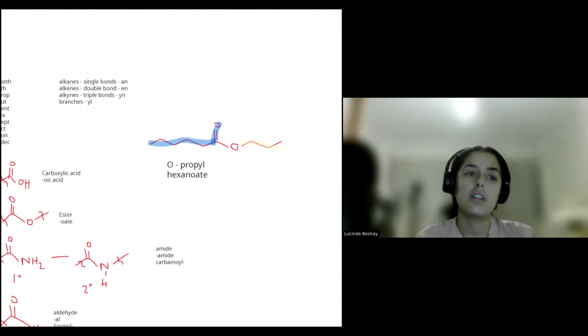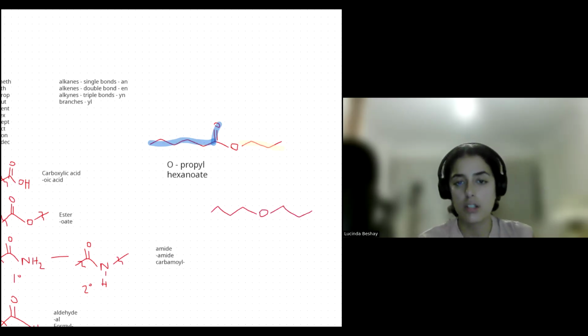With the ether, it's slightly different in that with the ethers, we have two chains on the sides of the oxygen. So the longest of them is gonna be the main group, and the shorter one is gonna be the branch group. So I've got 1, 2, 3, 4. That's the shorter one, so that's gonna be butyl.